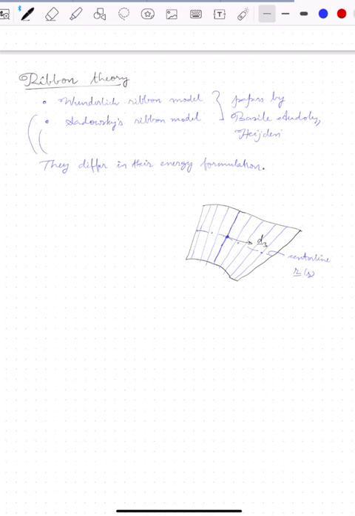So this is d3 of s, and we will have this to be the d1 of s, right? And then d1 cross d2.